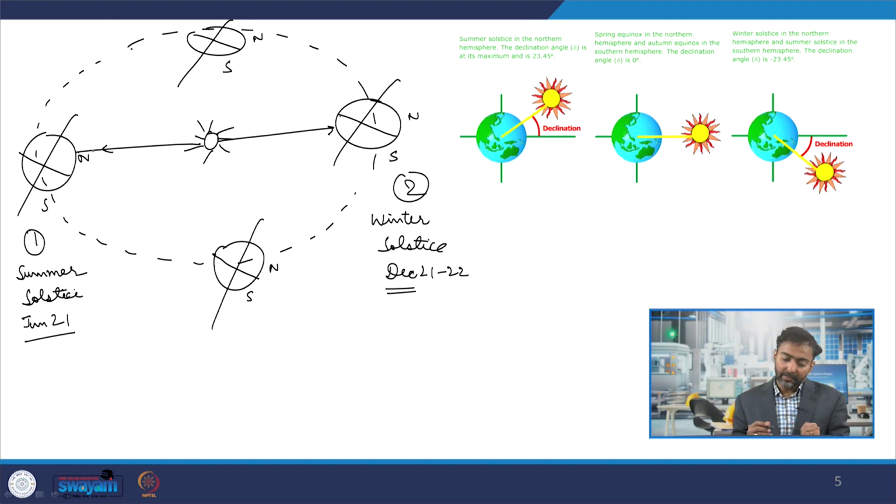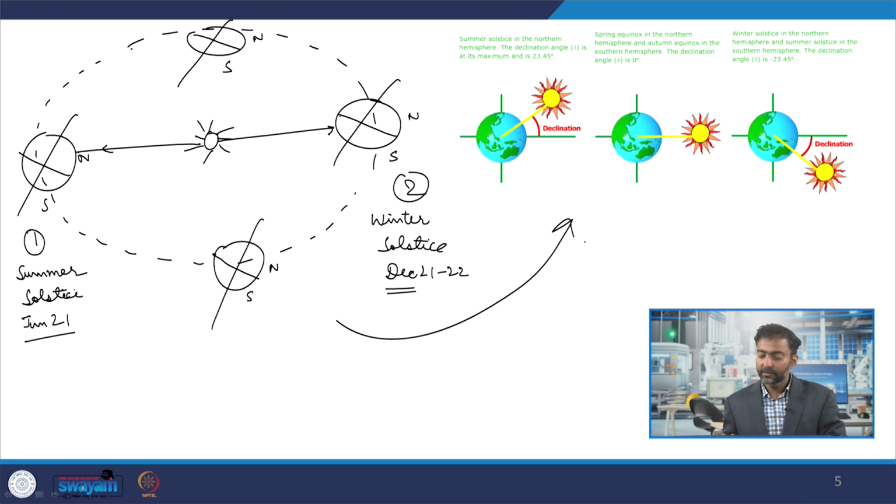Now, this is basically the root of the explanation or the concept of declination angle. And now the same concept is put here in these figures. I wanted to put it through an elaborate orbit diagram so that you understand better. If you look at this diagram, this is basically the same concept in a summary way.